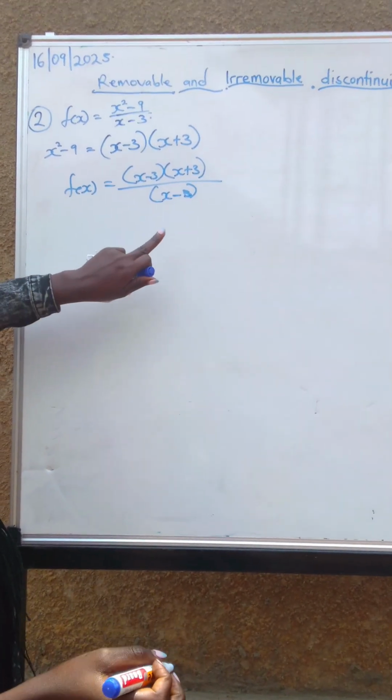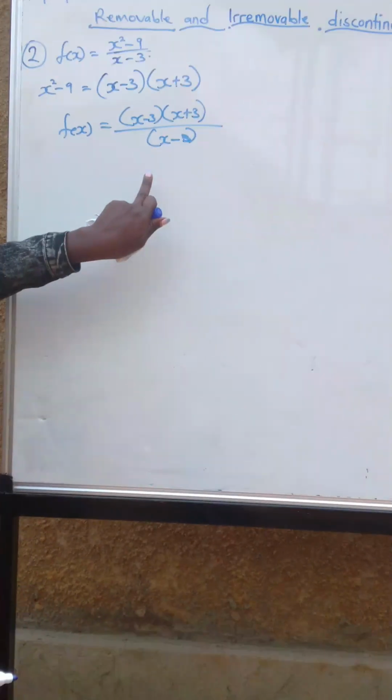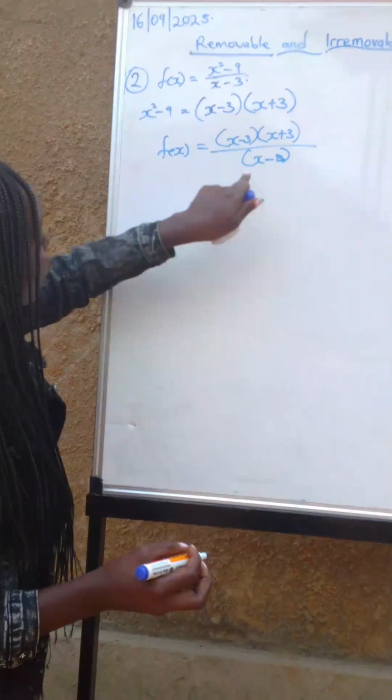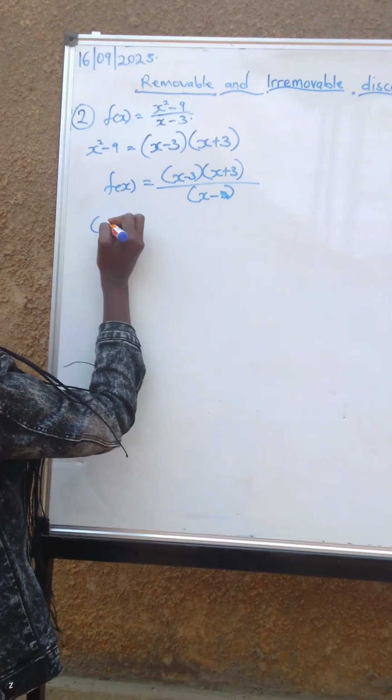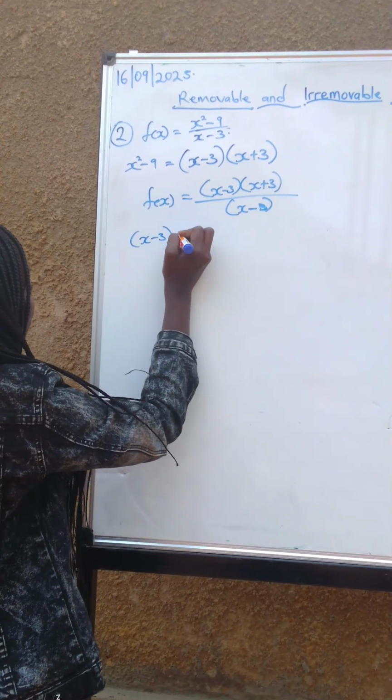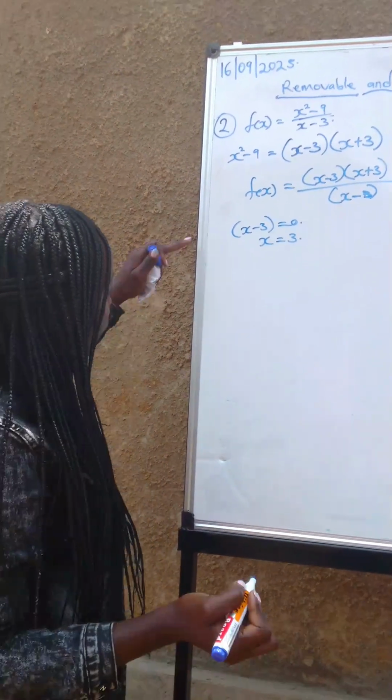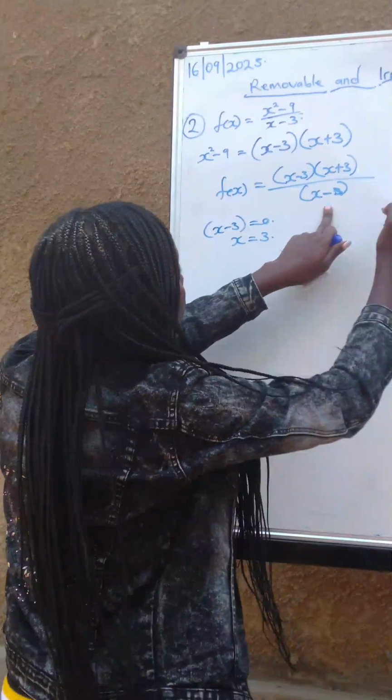Since we said that the discontinuity for the removable is when the function is undefined, we equate our denominator to 0, where we find that our x value is 3.